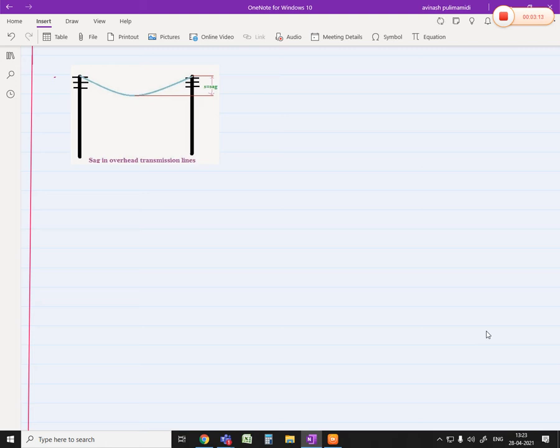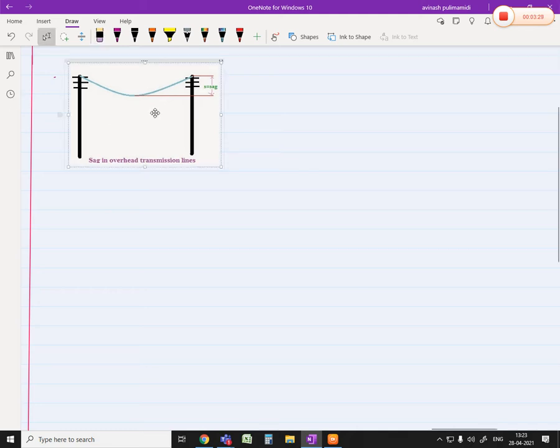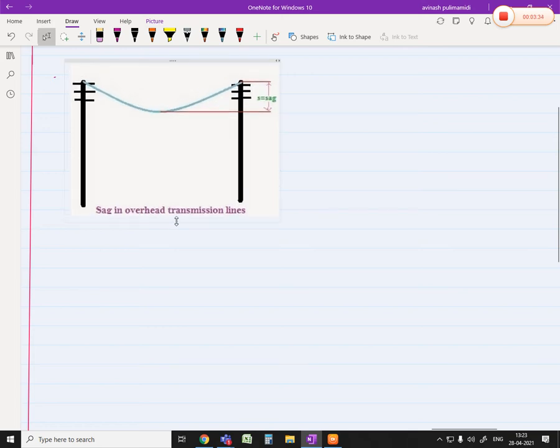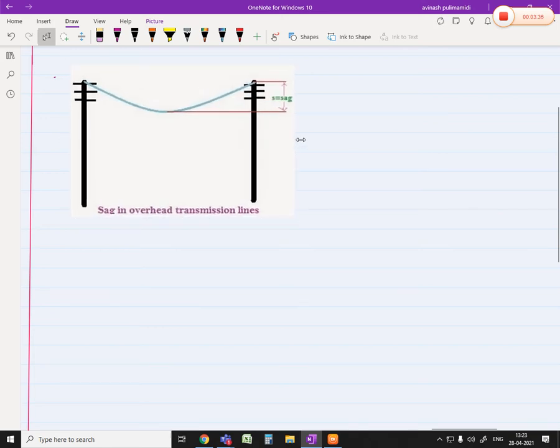So let us take this as A, this as B. So let us take the total conductor length. Let me elongate this. Let us take this as conductor A, this as conductor B.